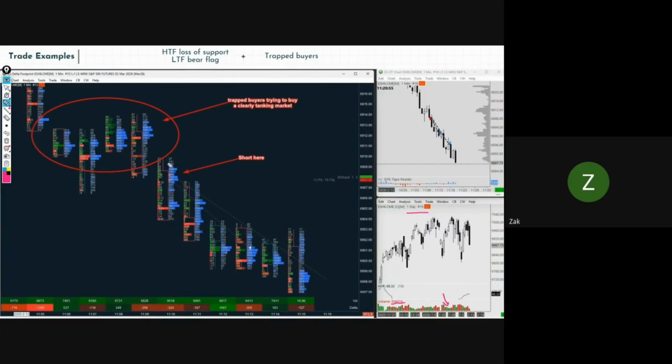But the interesting thing is that my footprint and most footprints are configured to output the data relative to what is printed. So you'll see the 81 buyers here is almost the same size as the 168 here, because relative to the candle, it holds the same amount of gravity relative to the volume traded on the candle.